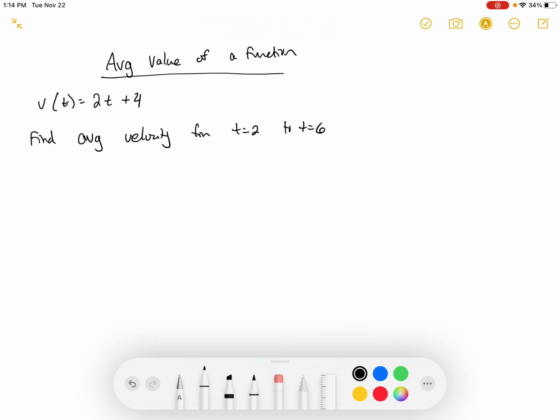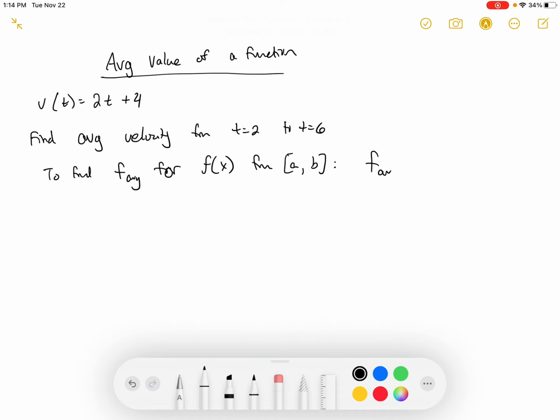Okay. So what was our formula for the average of some function? To find f average for f of x from a to b, we use this formula.